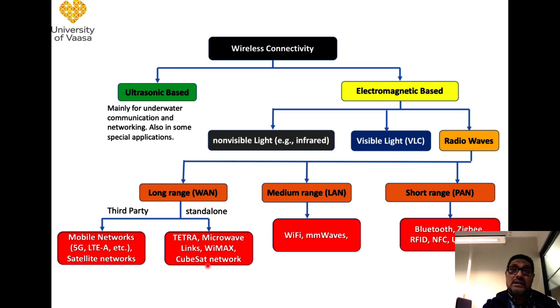Using a complete satellite system is really expensive, but CubeSat is much cheaper, and it can also handle many of the required operations. So those are a few examples of the communication protocols available for wireless connectivity in smart grid communication.